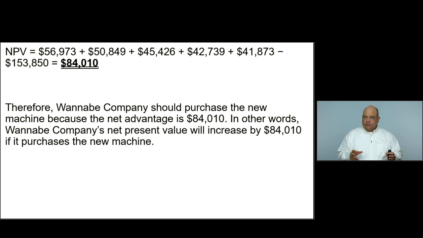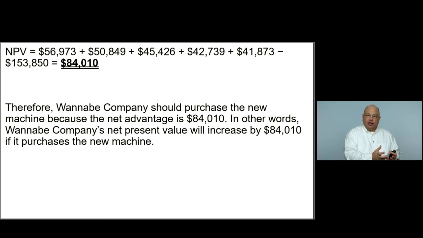Now, we could have done this another way. Instead of focusing on the differences between keeping the old asset and buying the new asset, we could have done what are the next 5 years' cash flows if we keep the old machine, and what are the 5-year cash flows if we buy the new machine, and compare those differences.